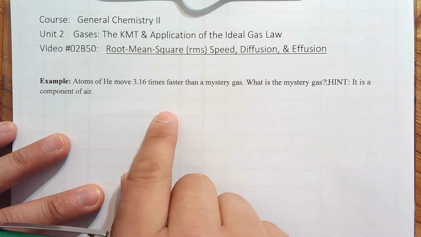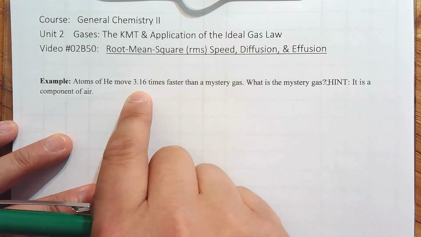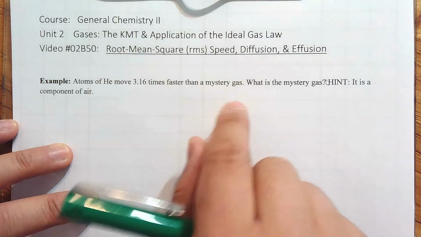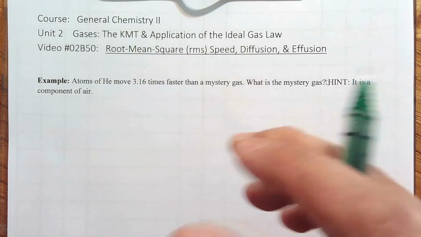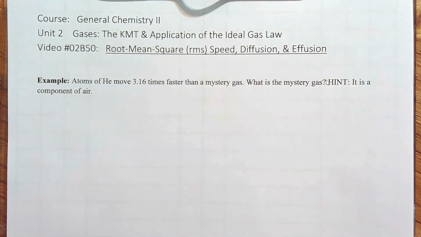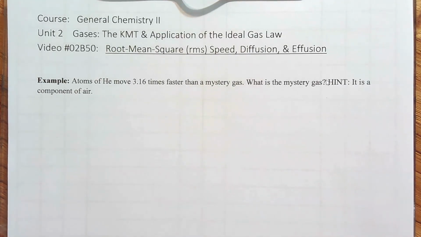It's asking you, what is a mystery gas if you know that helium moves 3.16 times faster than that mystery gas? And if we know the molar mass of this mystery gas, maybe we have a way to figure out the molecular formula of that gas. Hint, it is a component of air. Why don't you pause the video and take a shot at this?